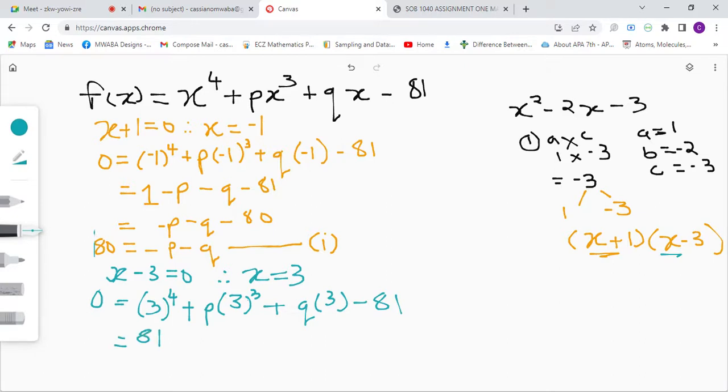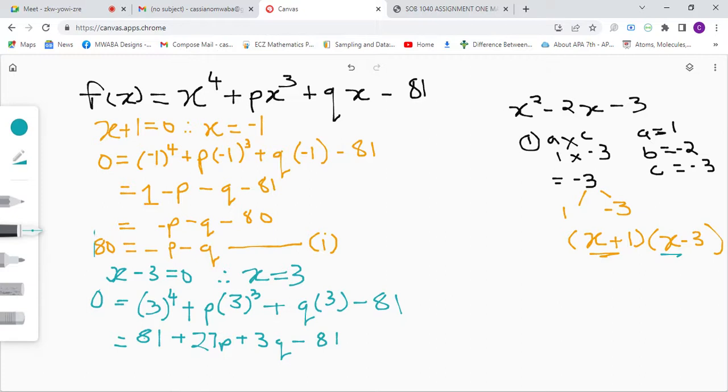So 3 to the power 4, that is 81. 3 to the power 3 is 27. 27 times P, you get 27P. 3 times Q, we get 3Q, minus 81.